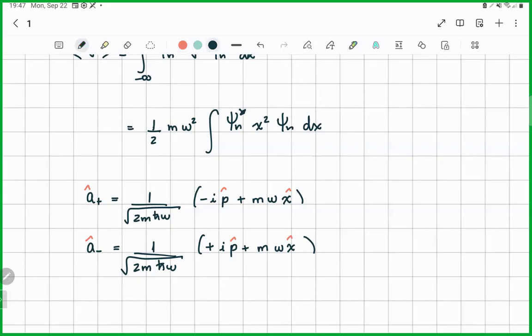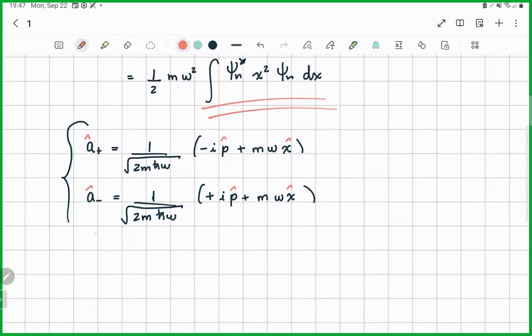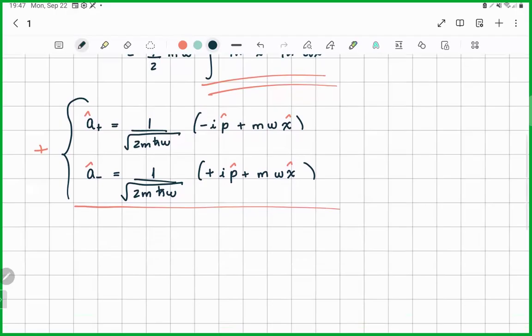Well, how can we use this knowledge to solve this integral? Very well. Look, if we sum these two lines, we can find an equation for the position operator in terms of A plus and A minus. So I'm going to sum these two lines, and I'm going to find an equation for position. Because if I sum these two lines, you see that this term and this term cancel.